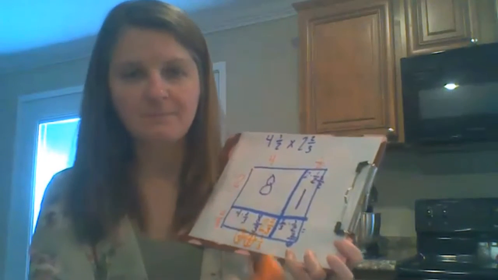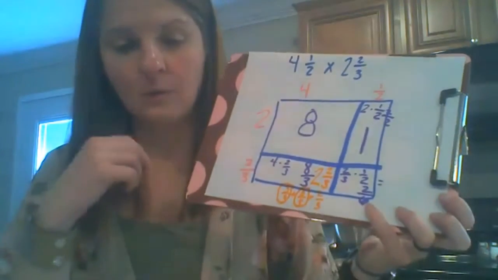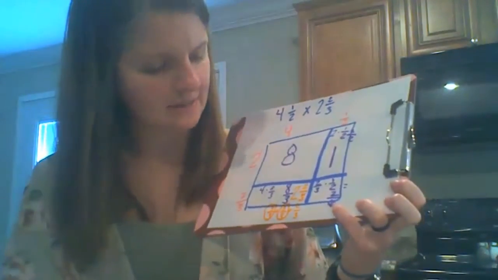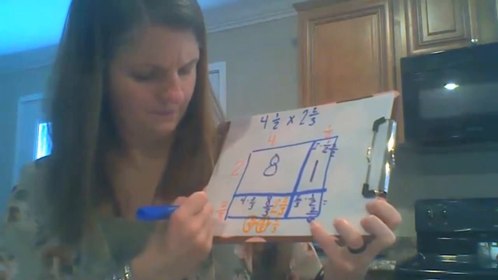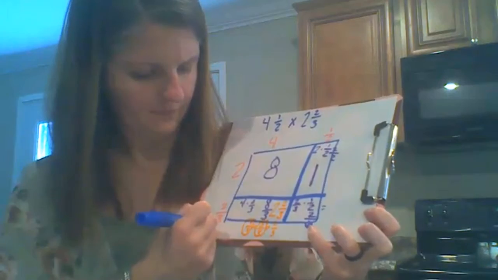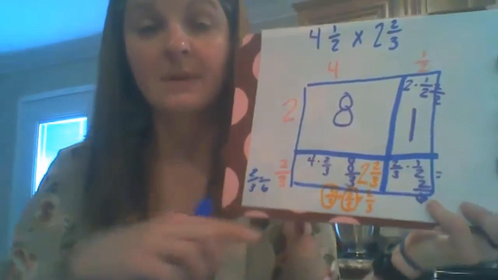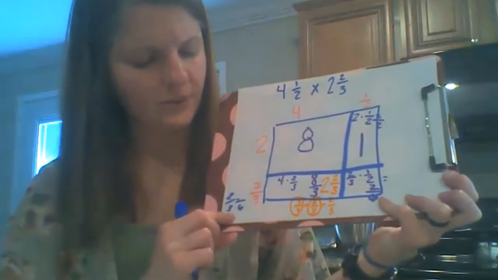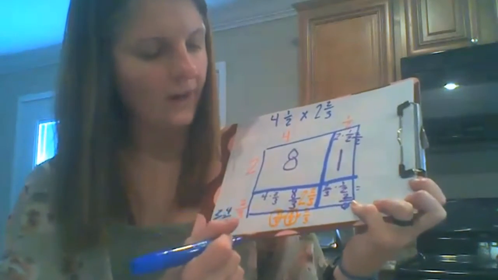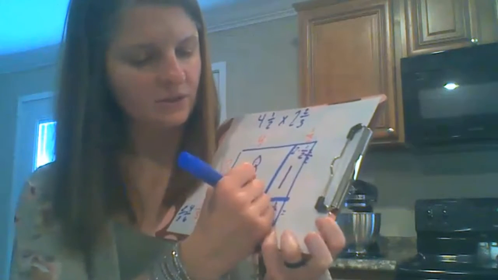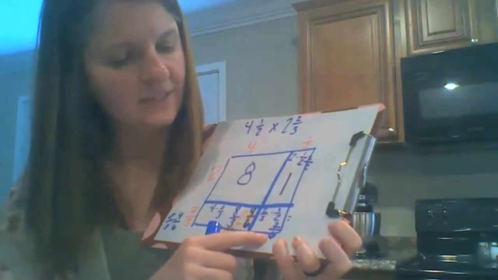So now I can put these together a little bit easier. So I've got 2/3 and I want to change that to sixths. I know that I can change thirds to sixths by splitting them into 2 parts. So 3 times 2 is 6. 2 times 2 is 4. So really, this is 4/6 plus 2/6.